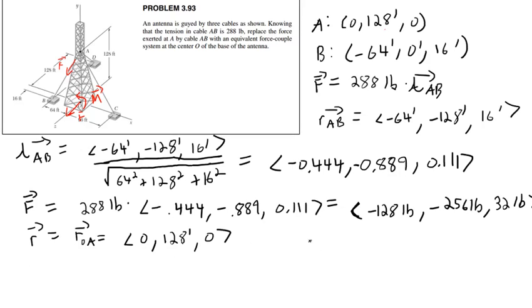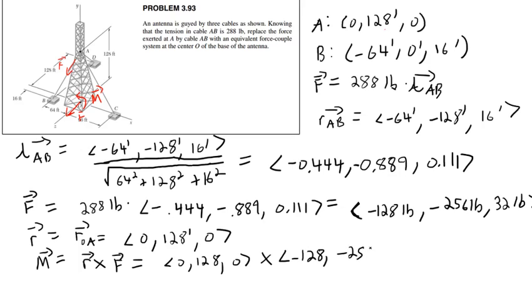The moment is going to be R cross F, which is going to be 0, comma, 128, comma, 0, crossed into negative 128, comma, negative 256, comma, 32, and let's do the cross product of those. I know I could do this fairly easily, I'm just being a little lazy here.